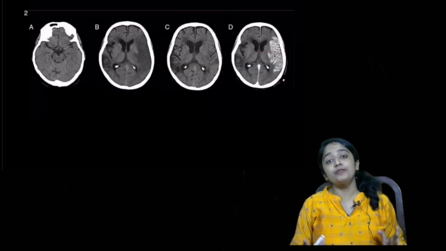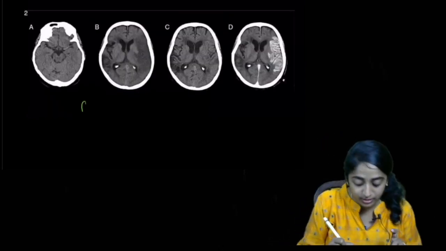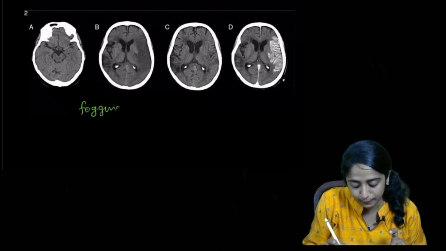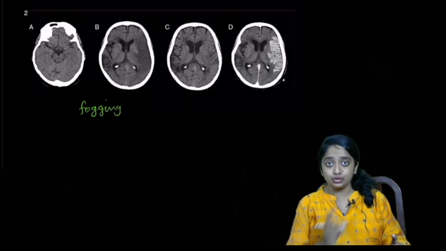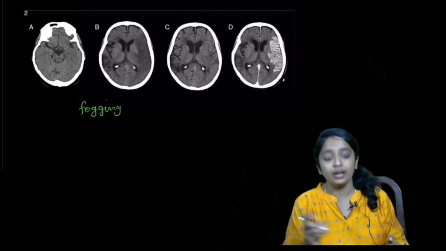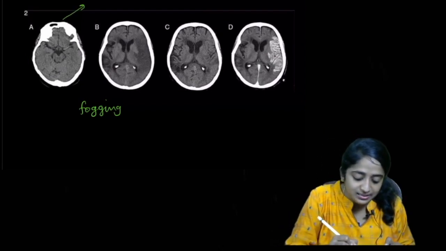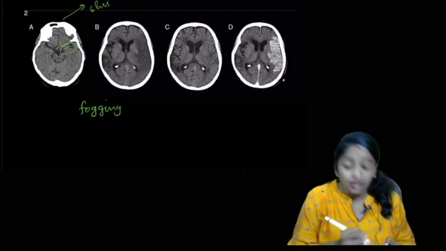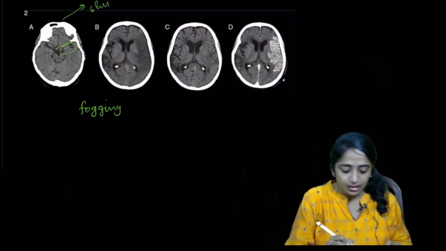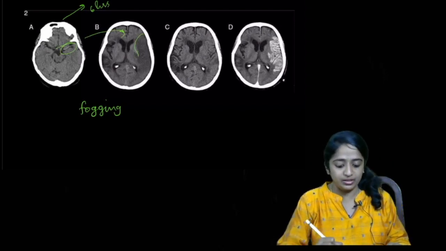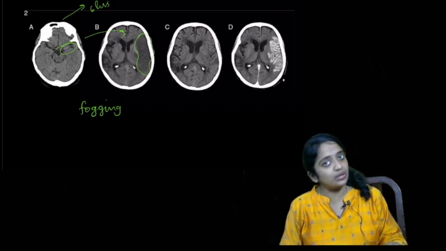The third phenomenon is known as fogging effect. It's a rather interesting event. So I'm going to take you through a series of evolution of infarct. Initial presentation, less than 6 hours. What do you get? Dense MCA sign. Later, it is apparent. Serial imaging done 2 days later.